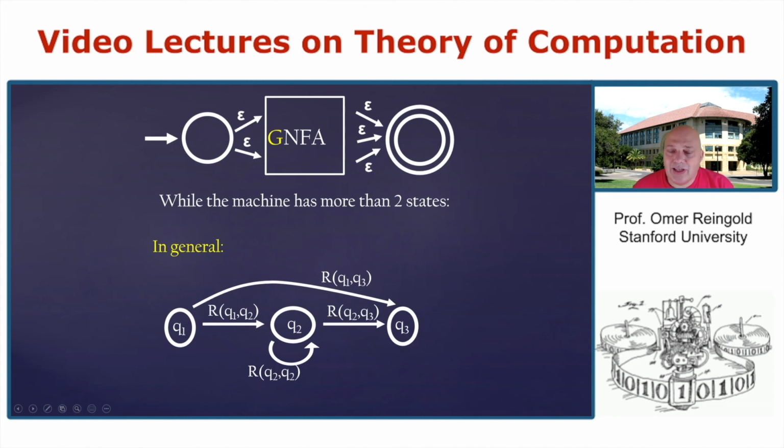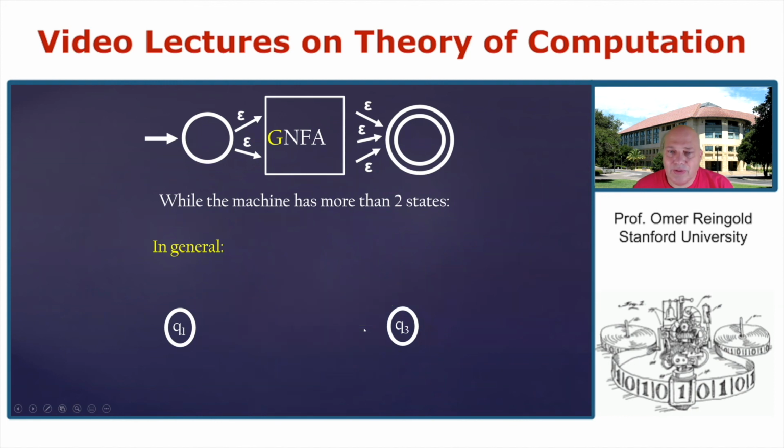So this will be replaced by this regular expression times this regular expression star times this regular expression. So it's just that: R that goes from Q1 to Q2, and then R that's all the regular expression that stay put, star, and the one from Q2 to Q3, plus the one that went directly. And we'll do it for every two remaining vertices.